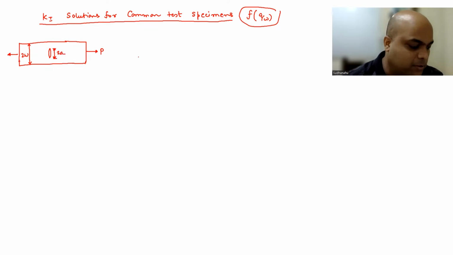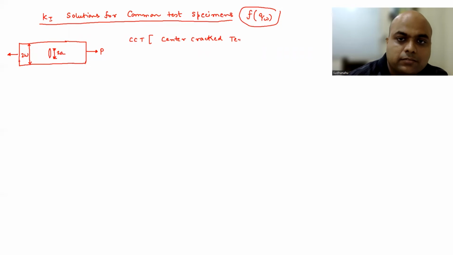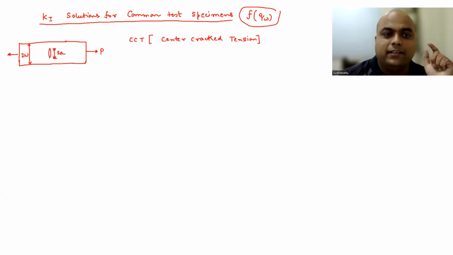This configuration is known as CCT, center crack tension. The crack is at the center and we have tensile loading.